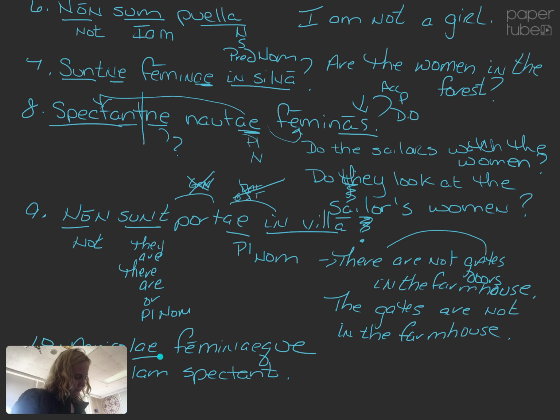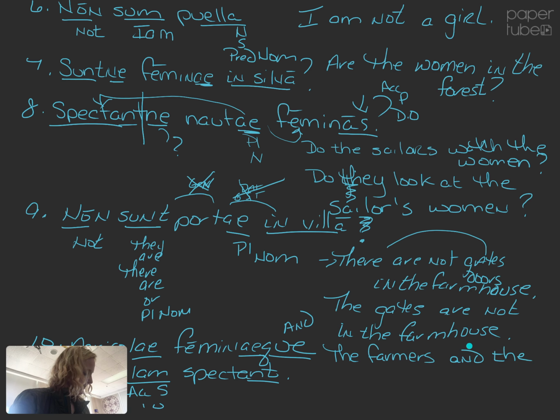So I have a plural nominative and a plural nominative, and then my and, to be the subject of my third person plural verb, and then I have an accusative singular direct object. So I would translate this as the farmers and the women look at the island. That brings us to the end of A.